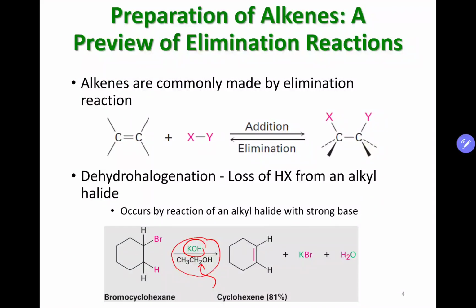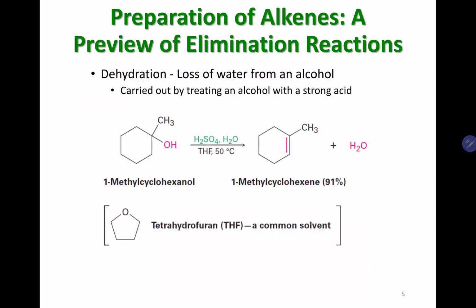All right, so the next reaction that we are going to talk about is the preparation of alkenes using alcohols. For this reaction, of course, you are going to need an alcohol, which is basically an OH group attached to a carbon. So these are alcohols. In here, I have a methyl cyclohexanol.